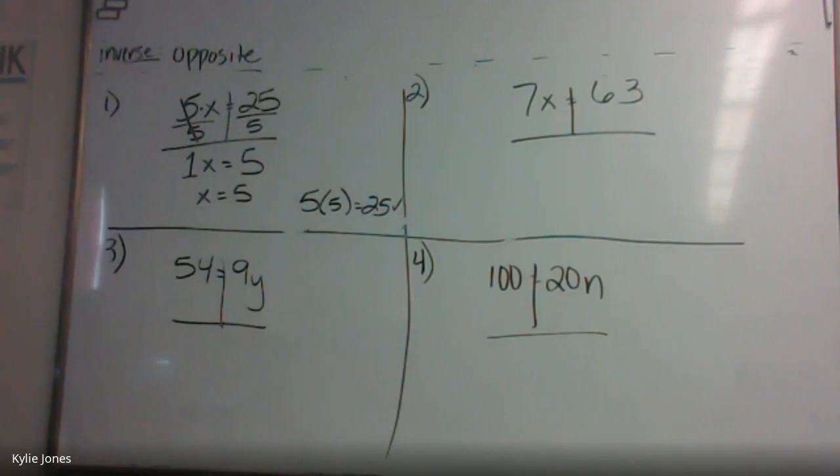Right, so we have 7, this is being multiplied by 7. What's the opposite of multiplying by 7?